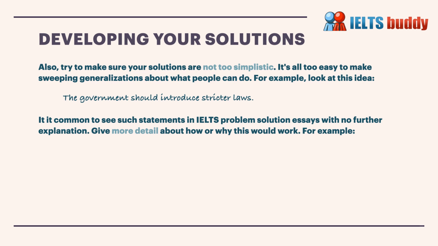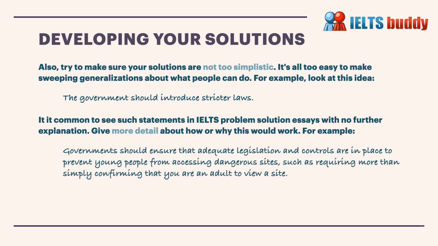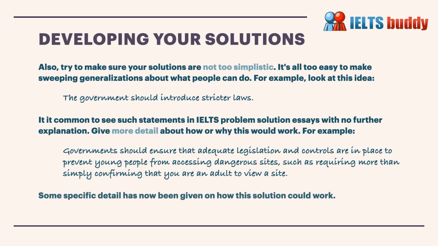You need to give more detail about how or why this would work. For example, governments should ensure that adequate legislation and controls are in place to prevent young people from accessing dangerous sites, such as requiring more than simply confirming that you are an adult to view a site. So you need to fully explain your ideas and explain how your solution would work.